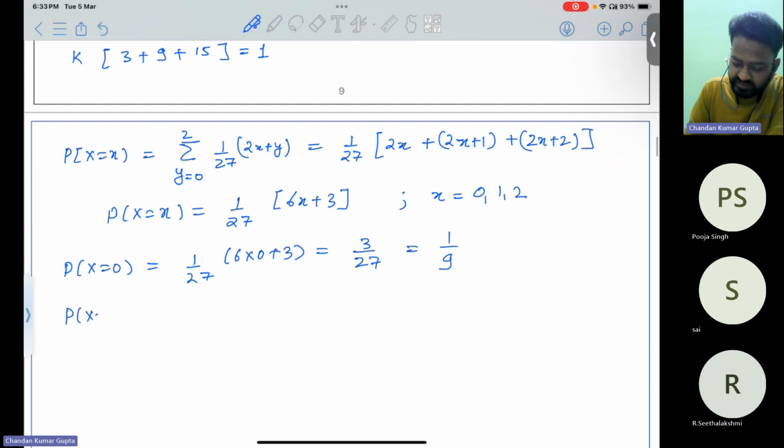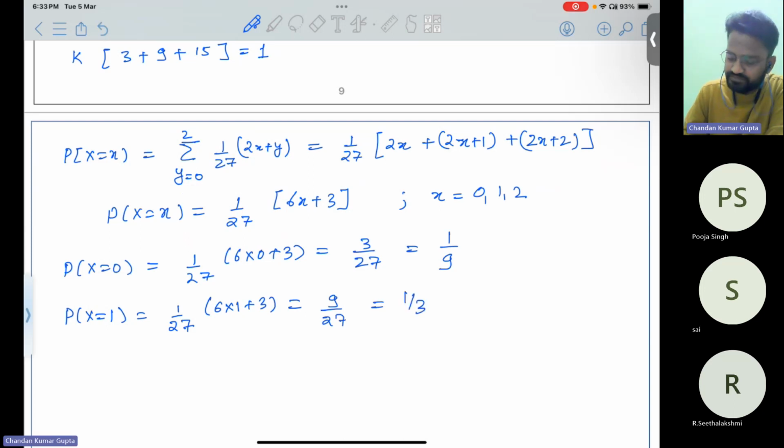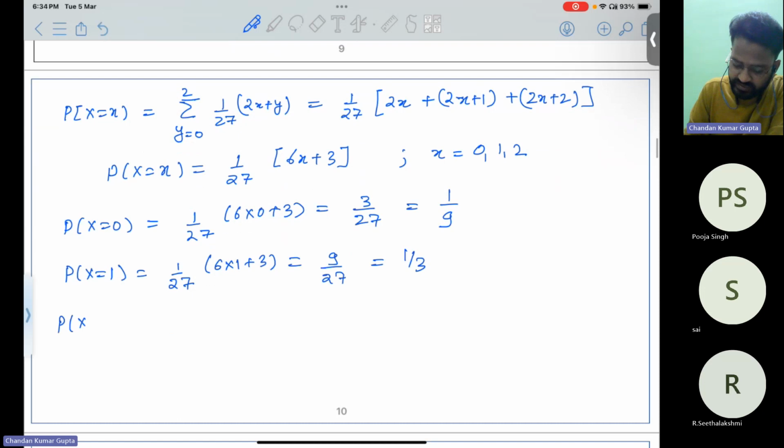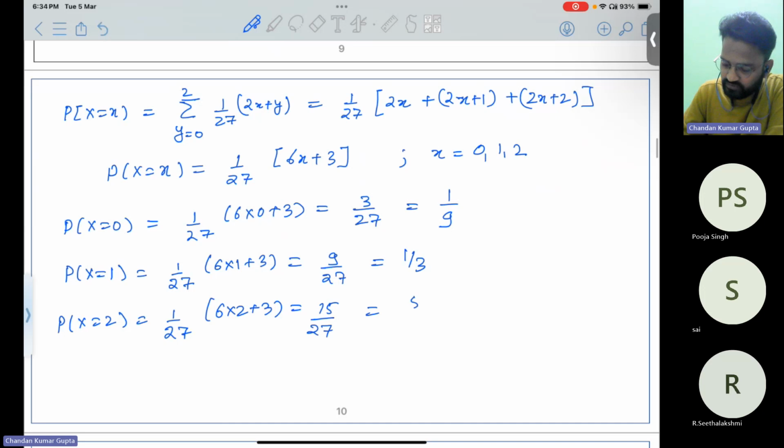Similarly, probability that x equal to 1 is equal to 1 upon 27, 6 into 1 plus 3, which is equal to 9 upon 27, which is equal to 1 upon 3. And probability that x is equal to 2 is equal to 1 upon 27, 6 into 2 plus 3, which is equal to 15 upon 27, which is equal to 5 upon 9.